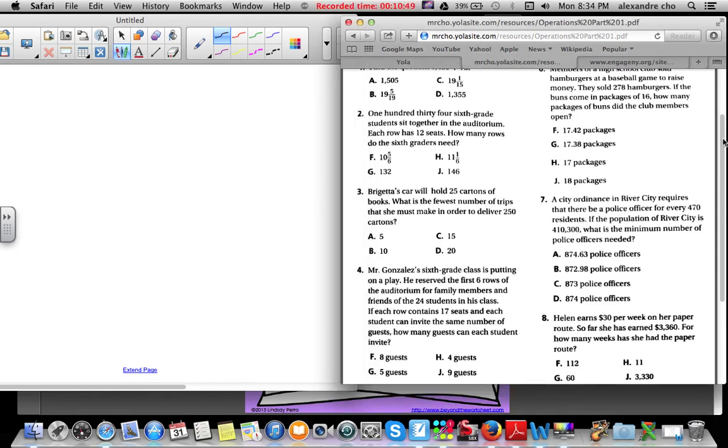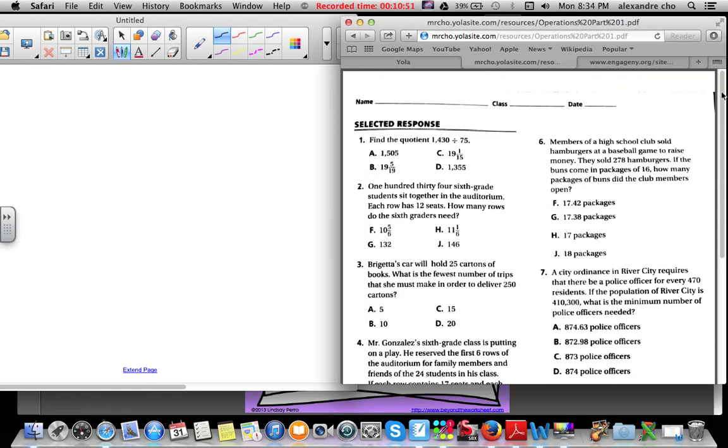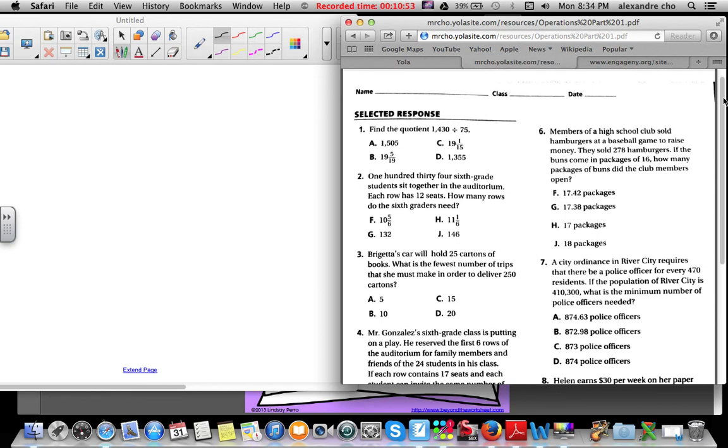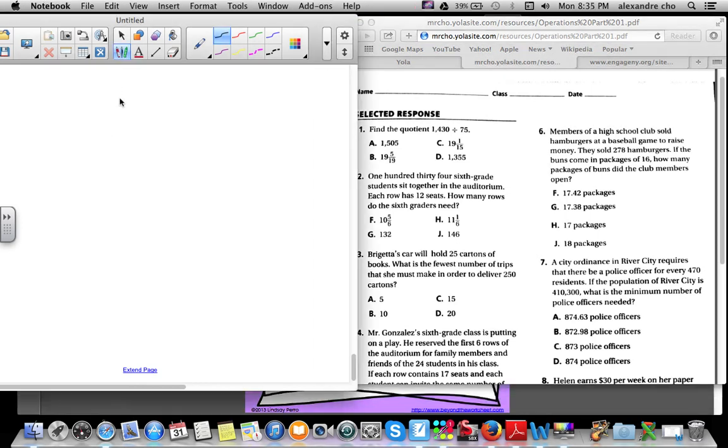Okay. Next one on top. High school sold hamburgers, but they sold 278 hamburgers. Okay, the buns come in packages of 16. How many packages of buns? All right, so 278 divided by 16. Okay, that goes in ones.